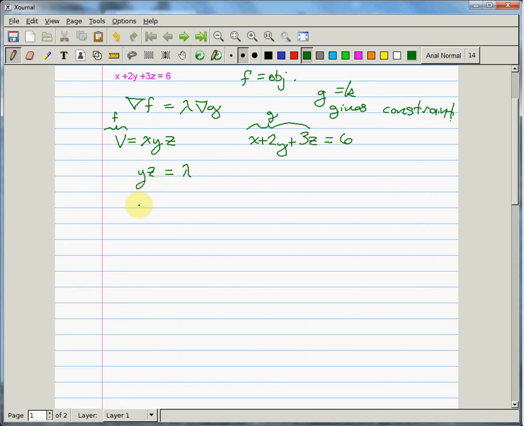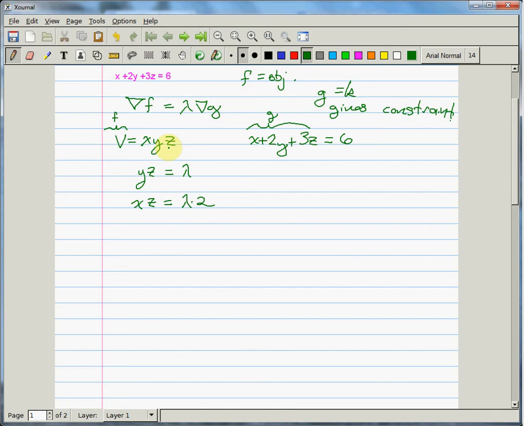That's my first equation. The second equation is the second entry in the gradient of f, which is the partial derivative of this with respect to y, which is xz. Now this has to be equal to the second entry here, which is lambda times the partial derivative of this with respect to y, which is 2.